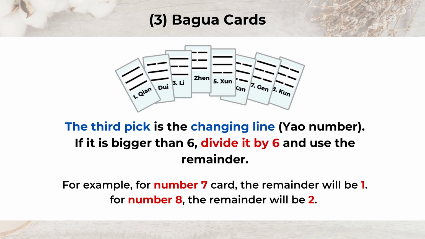If it's number 7, we divide it by 6, so the remainder will be 1. That will be number 1, or the first yarrow number. And if it's card number 8, we divide it by 6, the remainder will be 2, so that will be number 2. So that's how we pick the changing line in this Bagua card method.